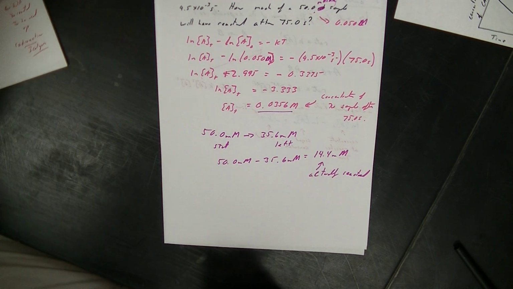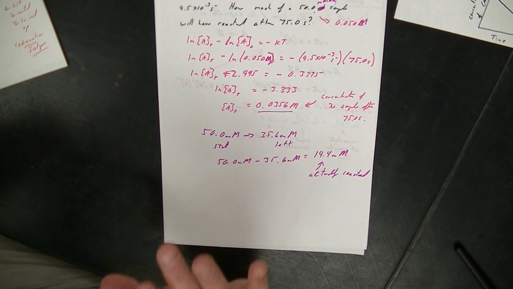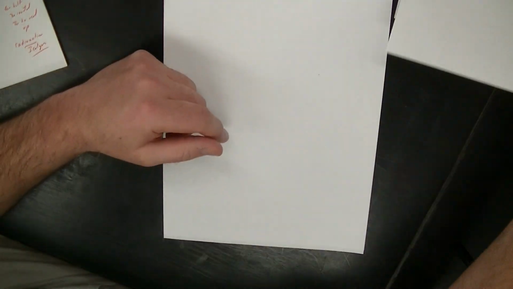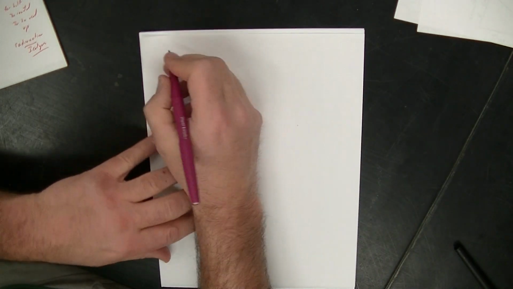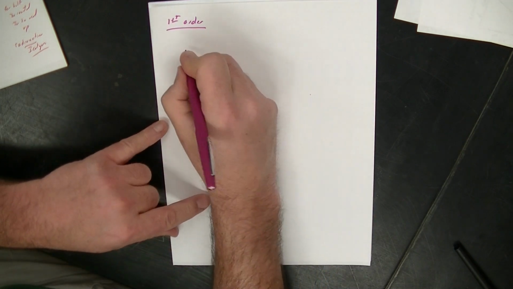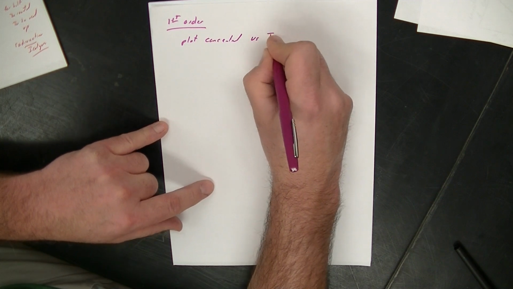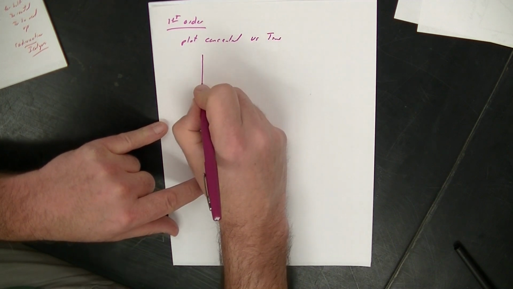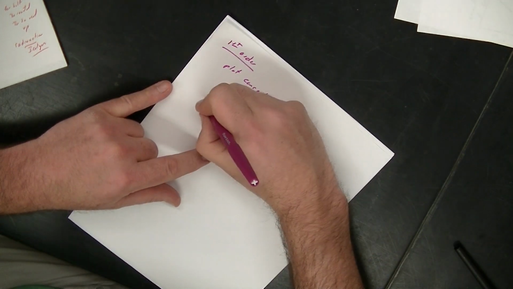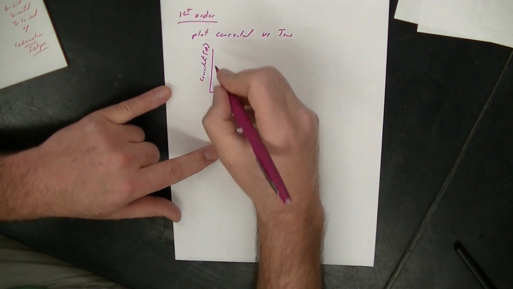Now, just like zero order reactions, this has a graph that you have to know. We're still in first order. If we plot concentration versus time in a first order reaction, like we did for zero order, this time we get this.